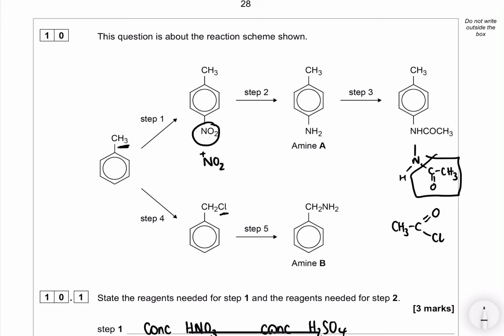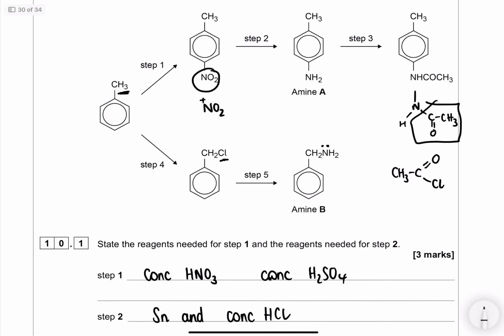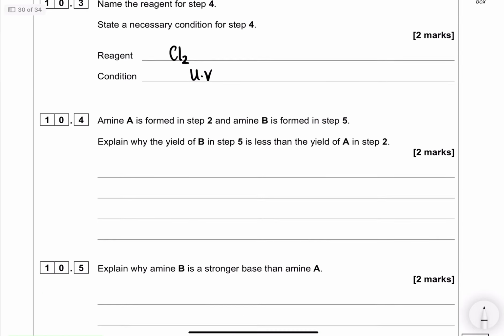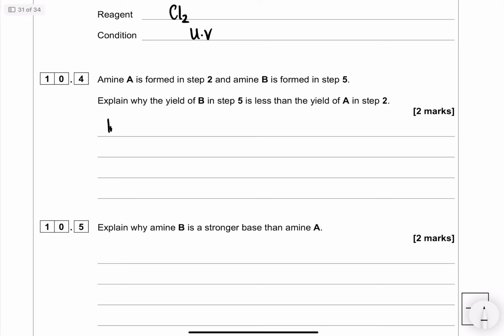When we're forming amine B here in step 5, we're doing nucleophilic substitution. If we don't control our conditions, this amine is able to act as a nucleophile as well, and we're going to get further substitution. Whereas when we reduce a nitro in step 2, we're only going to get one product because there's only one possible product there.